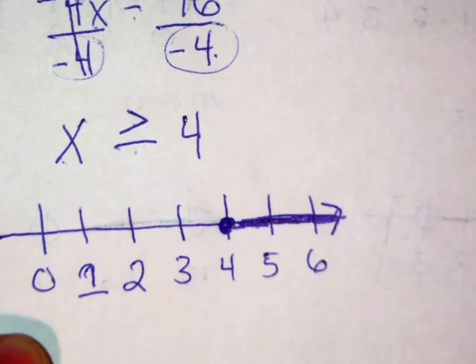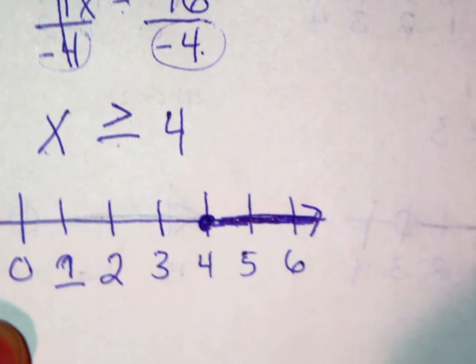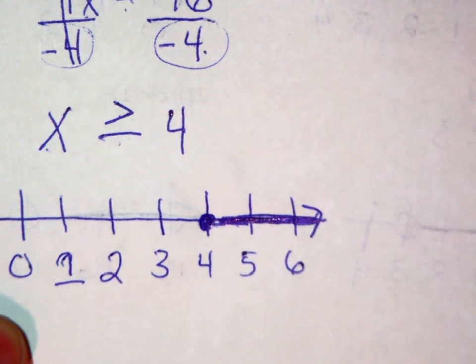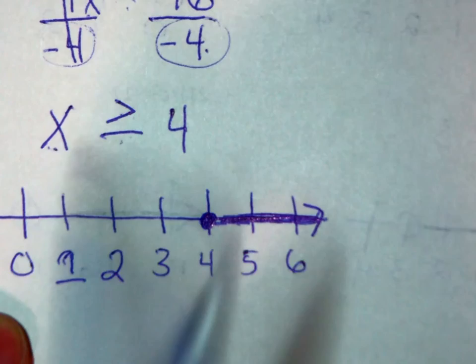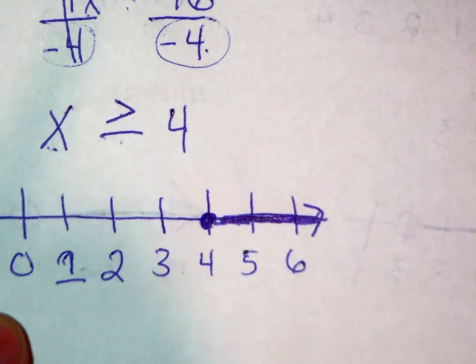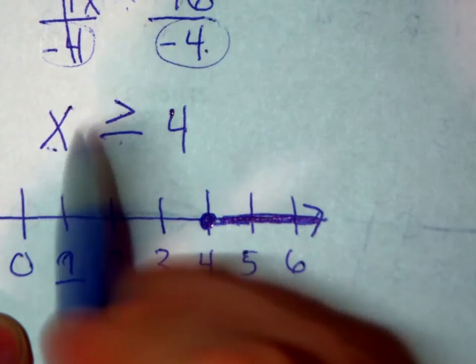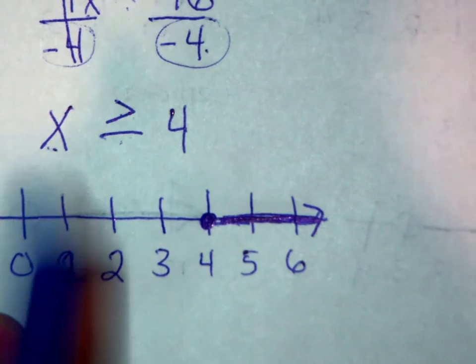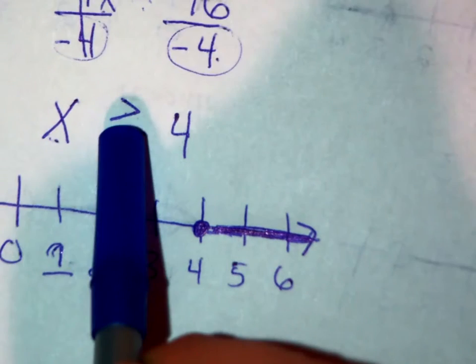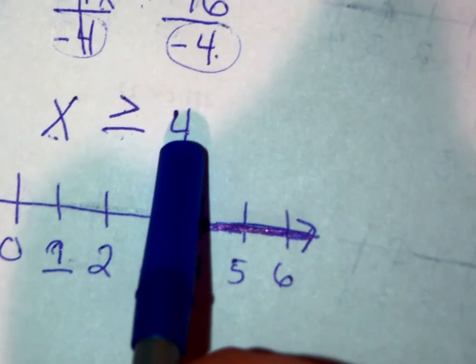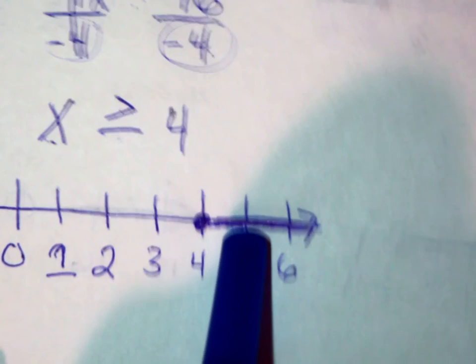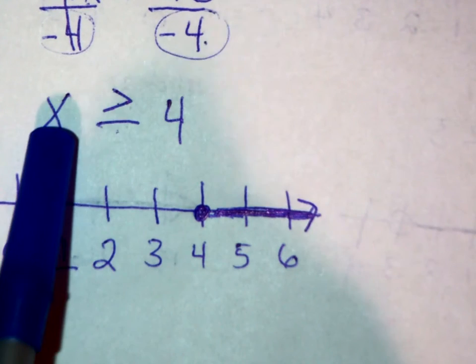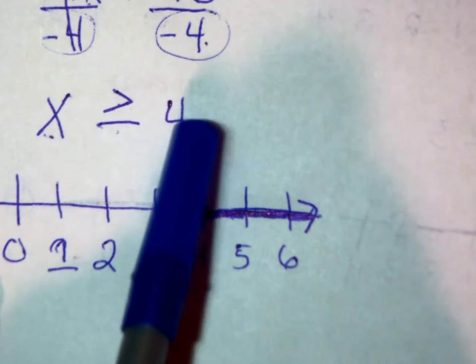And if you've forgotten that, another way that you can graph this is to identify terms for this variable that make the statement true. So if I were to say 4 is equal to or greater than 4, that would be true because 4 is equal to 4, so that would be an included value. 5 is greater than or equal to 4.